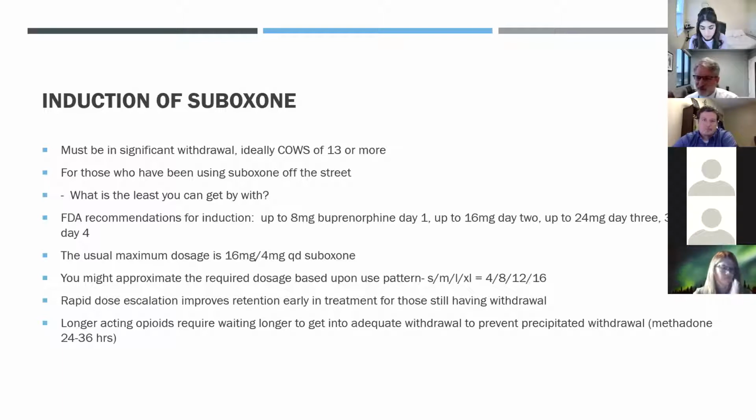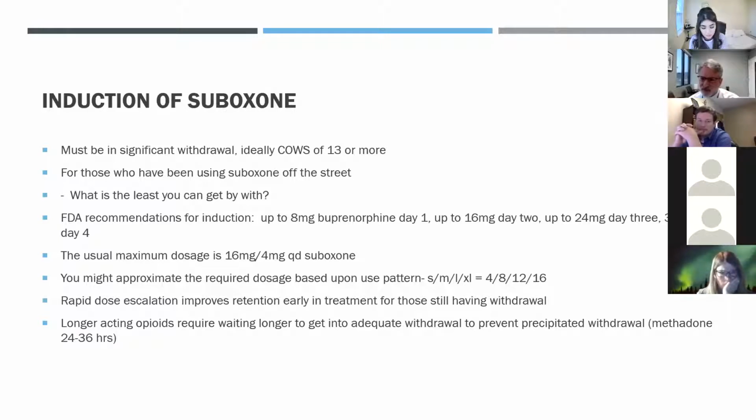He just didn't quite feel okay. It's better than stopping someone fully on methadone, letting them go into severe withdrawal 2 or 3 days later, and then starting Suboxone, because you're probably going to lose them at that point.